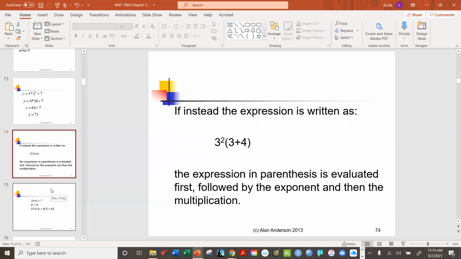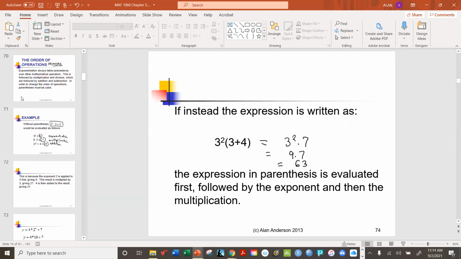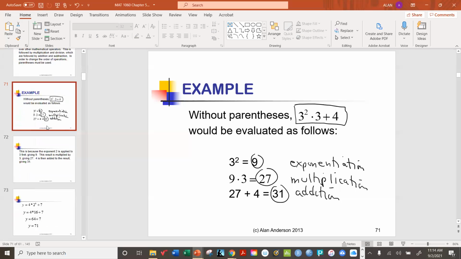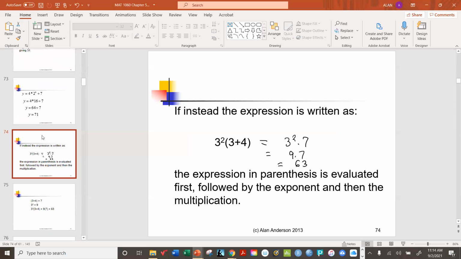You do the parentheses first, so it's 7 times 3 squared, exactly right. Now I'm going to do the exponent, and now the multiplication. And that's 63. Remember, before it was 31. Now it's 63. You see, the parentheses make a great deal of difference.